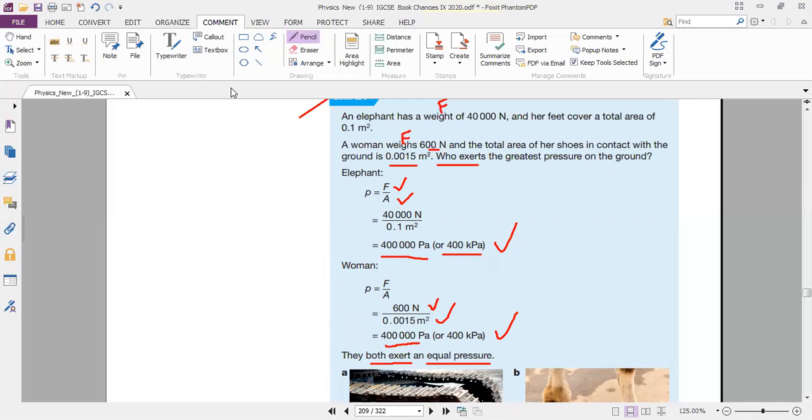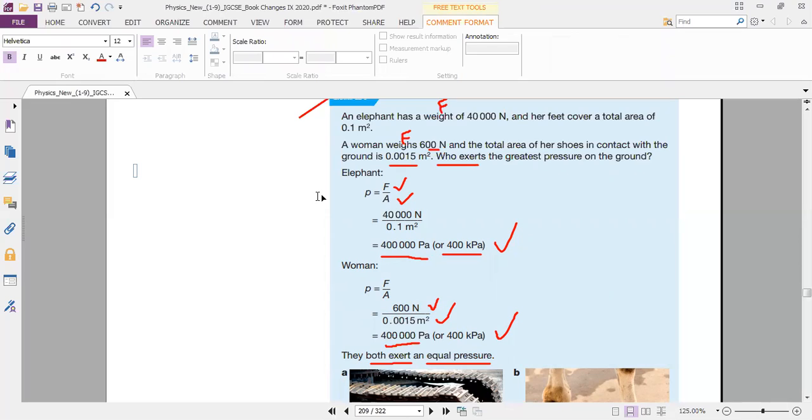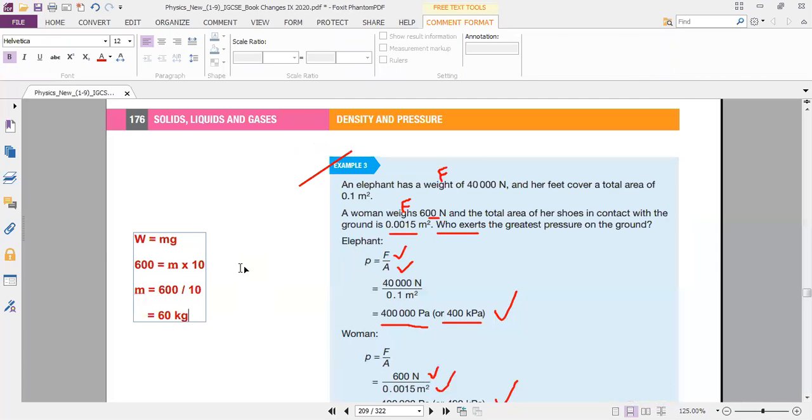So what is the mass of the woman? Any idea? We know weight equals mg. Weight is 600 Newton equals m multiplied by g. The value of g is 10 on our Earth, it is fixed. So 600 divided by 10 equals 60 kg. The mass of the woman is 60 kg.